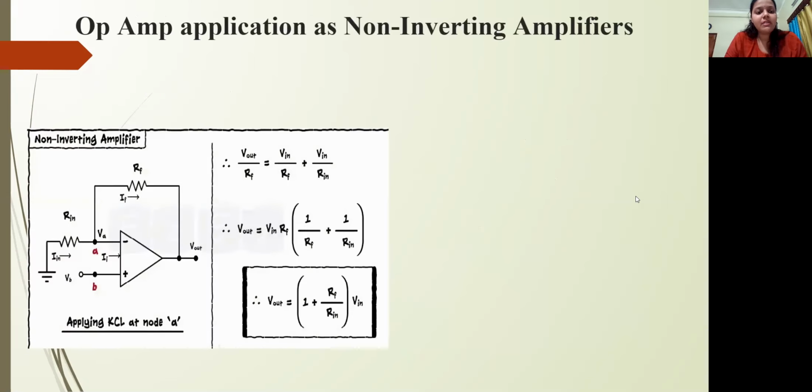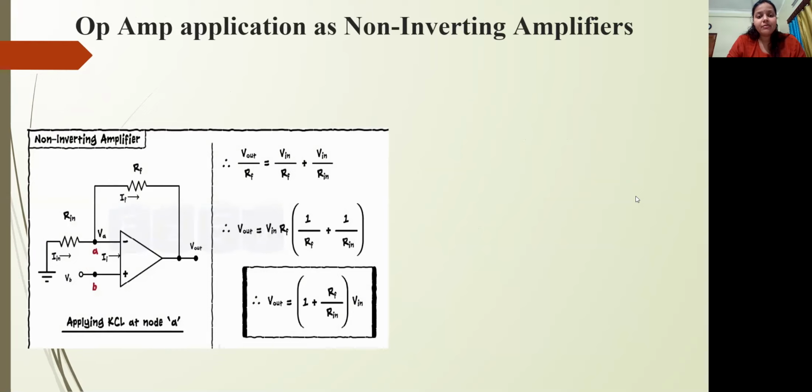Next, it is non-inverting amplifier. In this circuit, you can see that a voltage is being applied to the positive terminal of op-amp, that is the non-inverting terminal, and the negative terminal is connected through resistors. But the feedback and the input resistance are always connected to the negative terminal.